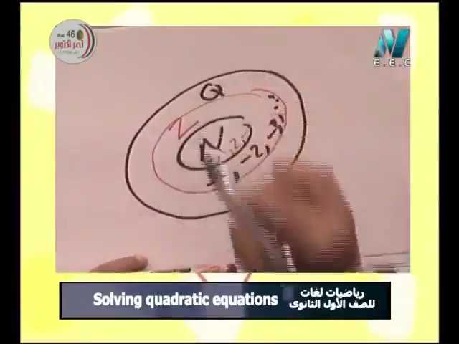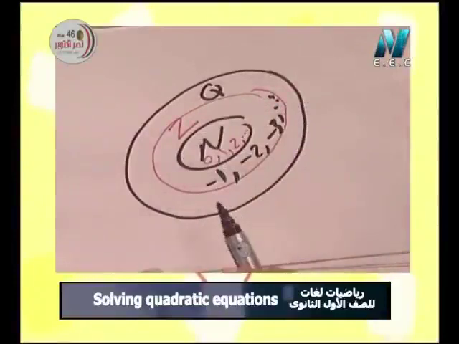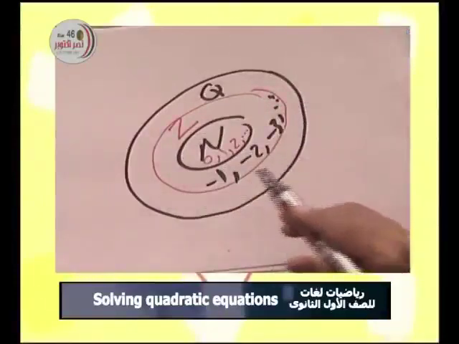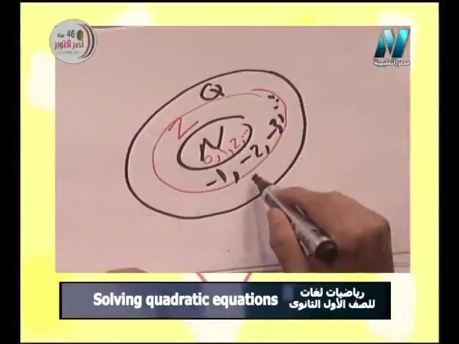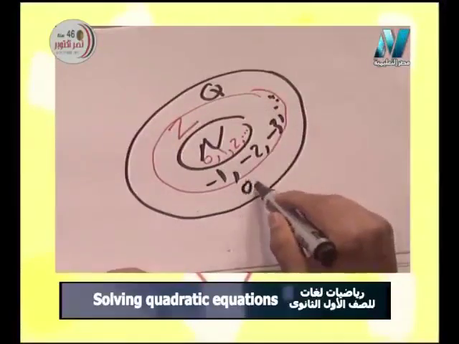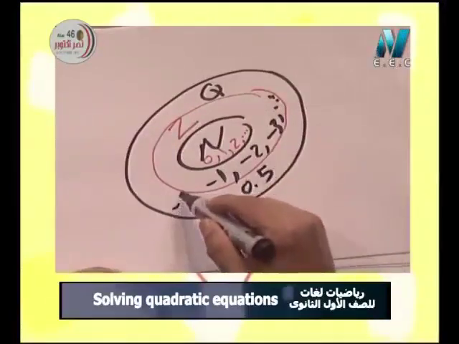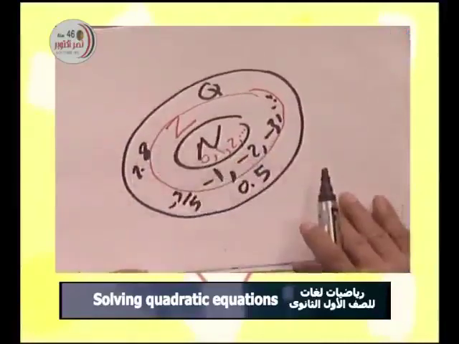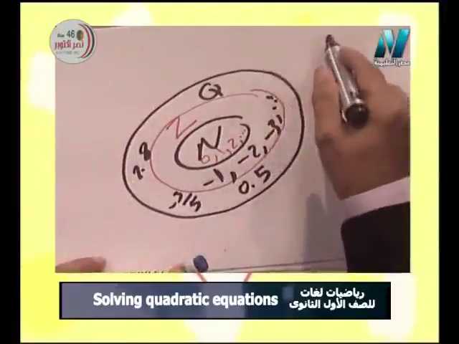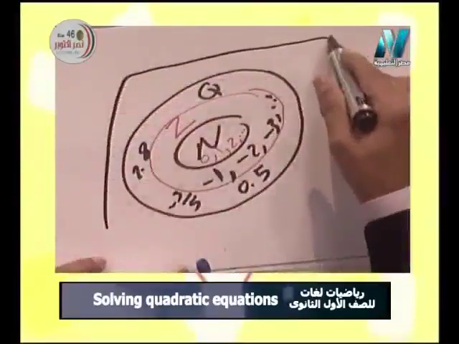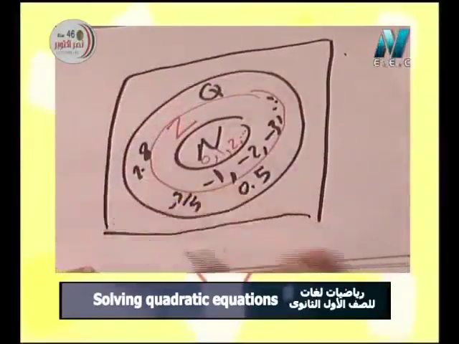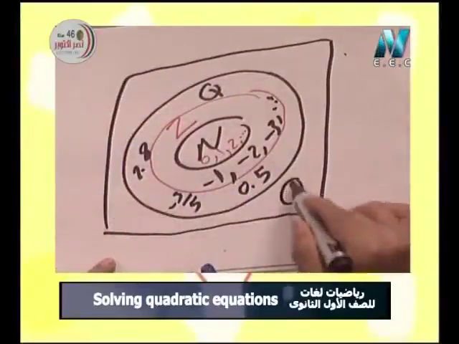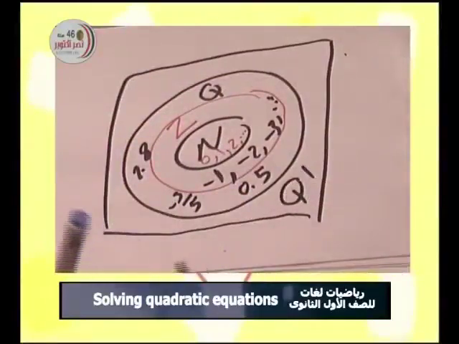Q is the symbol of rational numbers. We study fractions and decimals like 0.5, negative 3 over 5, 2.8 and so on. And we will study another set of numbers, which is Q dash. Q dash means the set of irrational numbers.